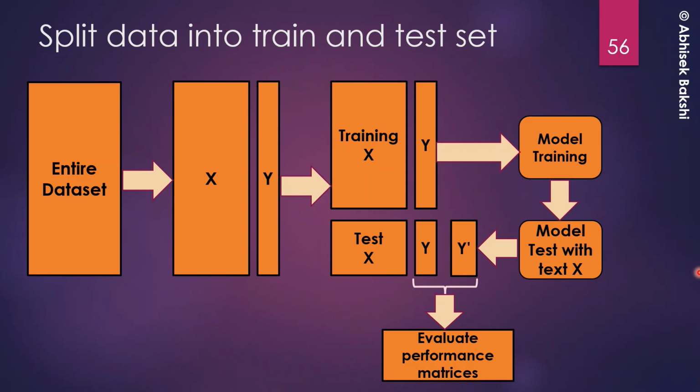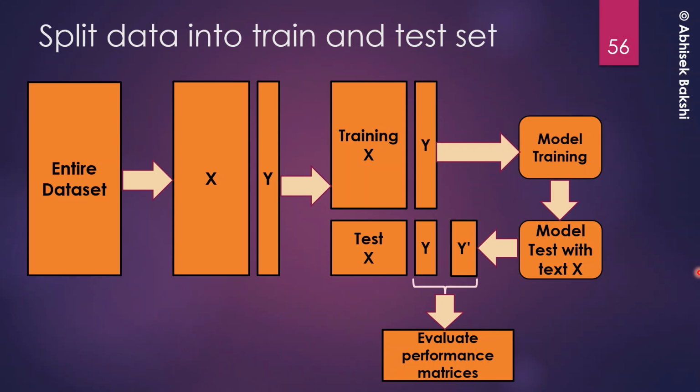So if the model has been trained very well, naturally this Y and Y dash will be very close to each other, right? And if they are very close, then I can say, based on some evaluation, obviously I must have some performance metrics. Performance metrics means some technique by which I can evaluate how close Y and Y dash are. Based on those techniques, we can claim that this model is very good.